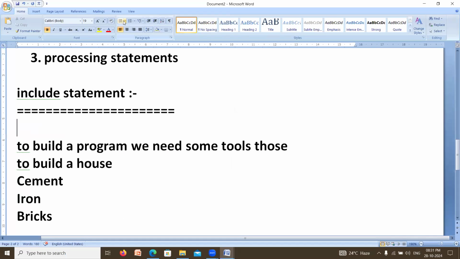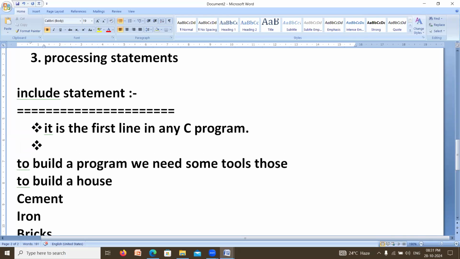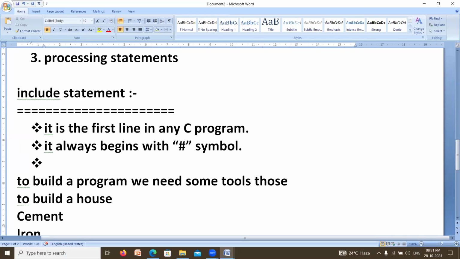Actually, it is the first line in any C program. It always begins with the hash symbol.